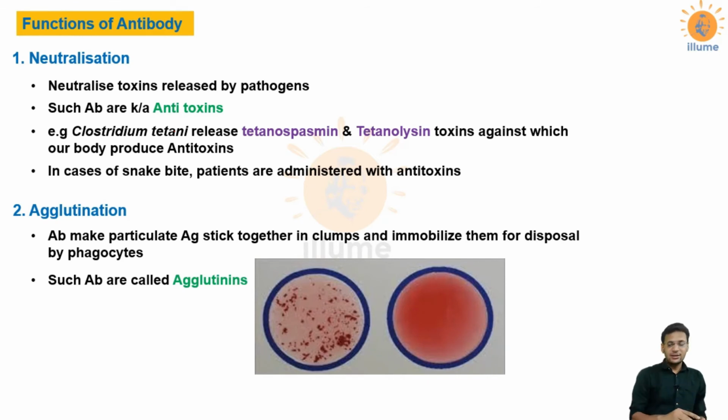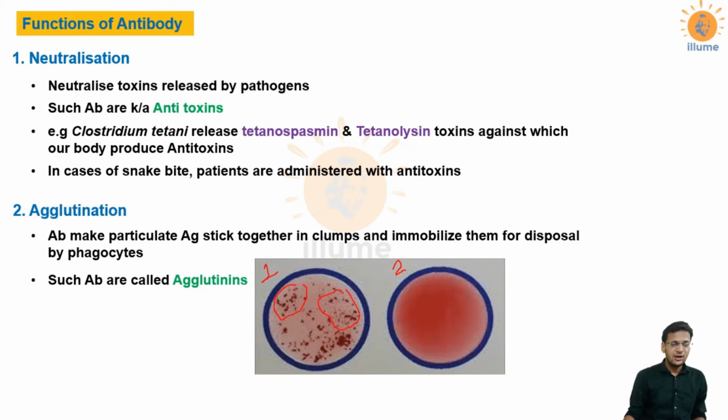See in this figure, you can clearly see agglutination of antigens. This is the first dish and this is the second dish. In the second dish, you can clearly see presence of blood, but no agglutination has taken place. But in the first figure, you can see the RBCs have clumped together.